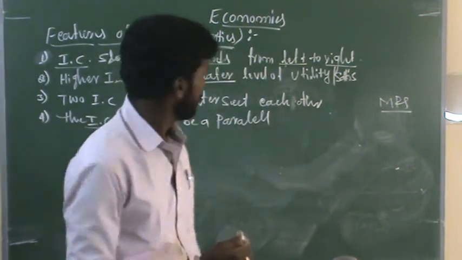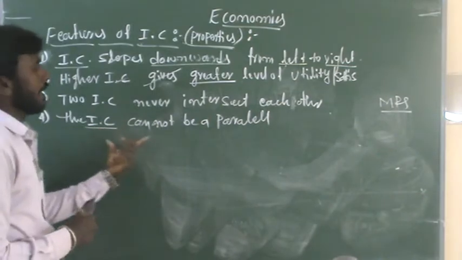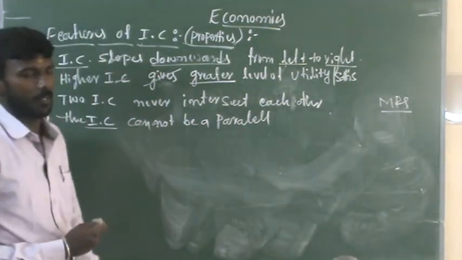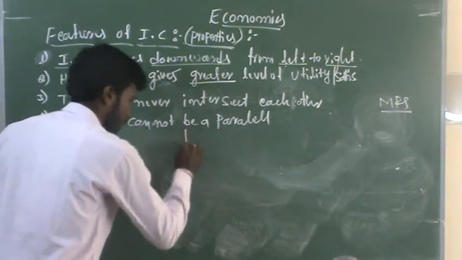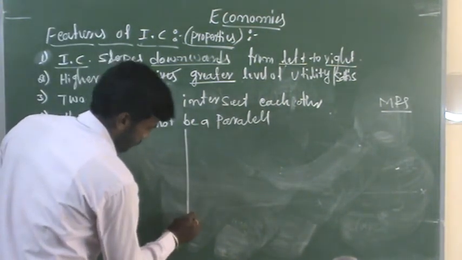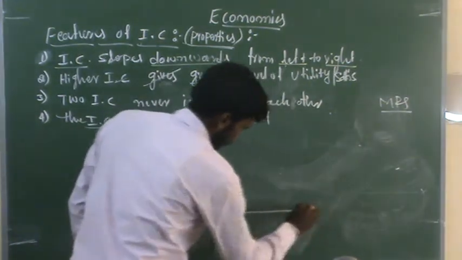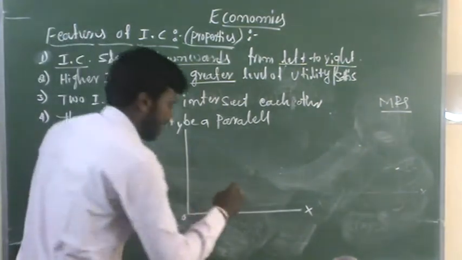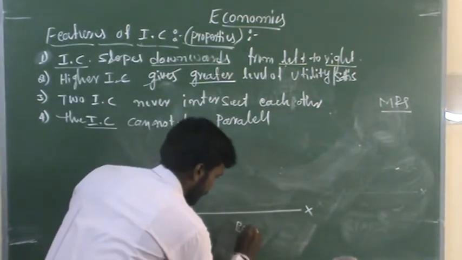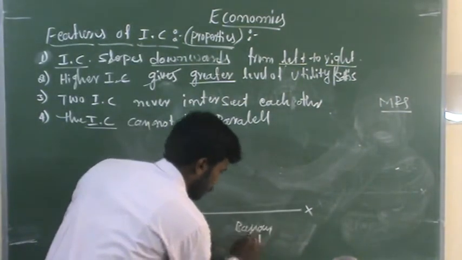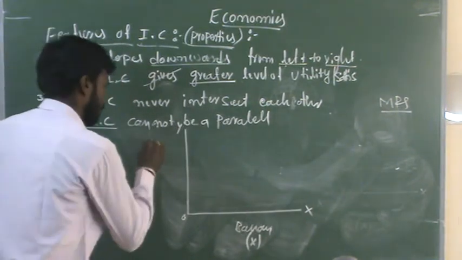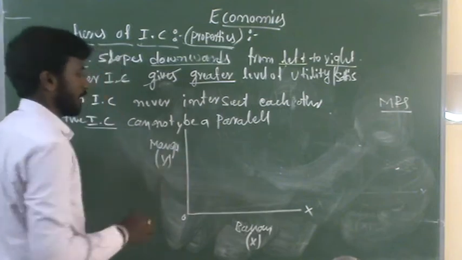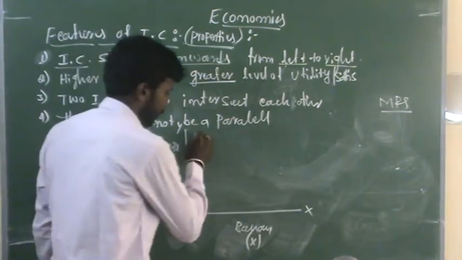See, totally the indifference curve cannot be parallel. This concept now we are going to explain with the help of a simple diagram. The x-axis represents bananas, the x good, and the y-axis represents mangoes, the y good.